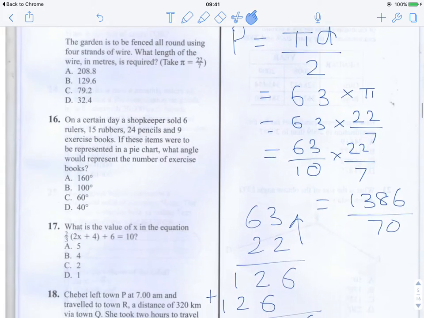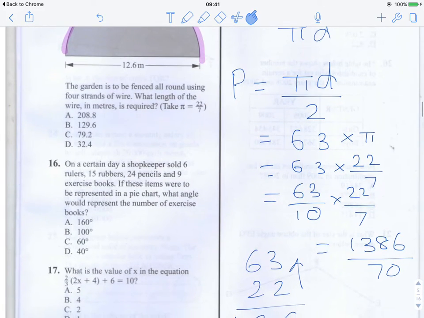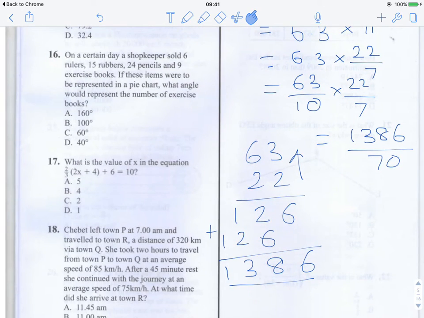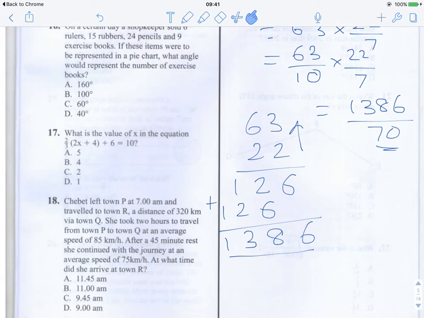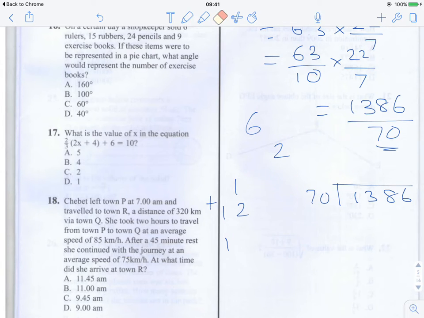But first let's divide this so we don't have this denominator 70 here. Let's work this out in a form where it's got a decimal place. So 1386 divided by 70.